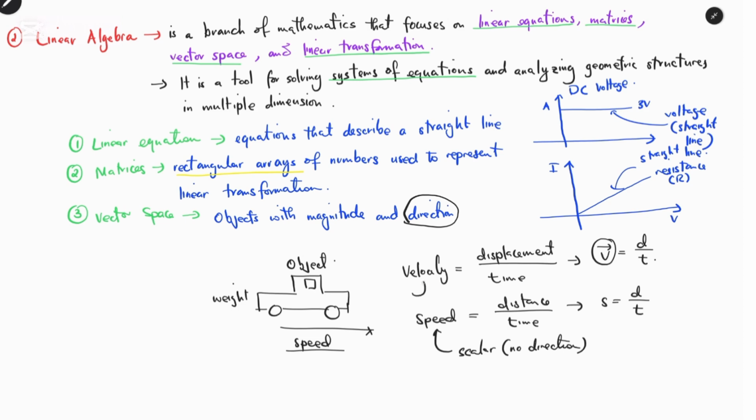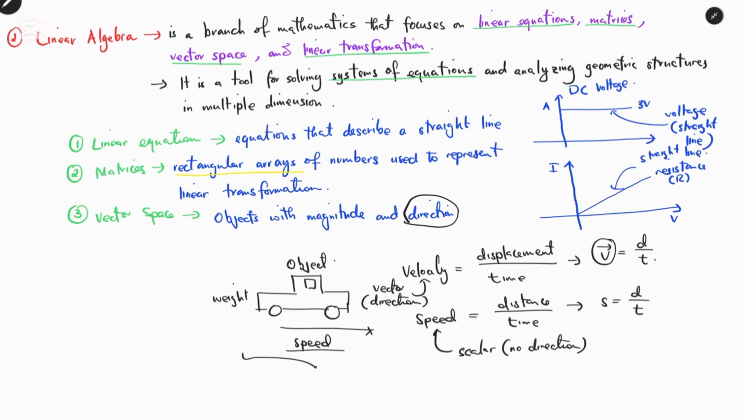However, when we look at the velocity, it is a vector. Why? Because there is direction included. And it is very important to differentiate between a vector and a scalar quantity. And linear algebra provides us with effective tools to analyze such systems.